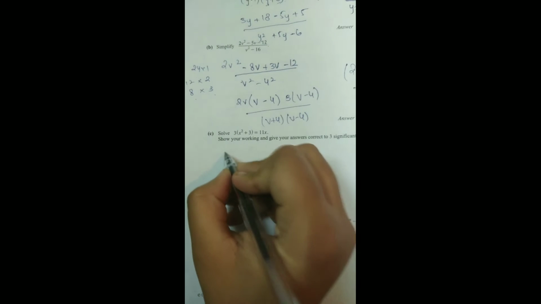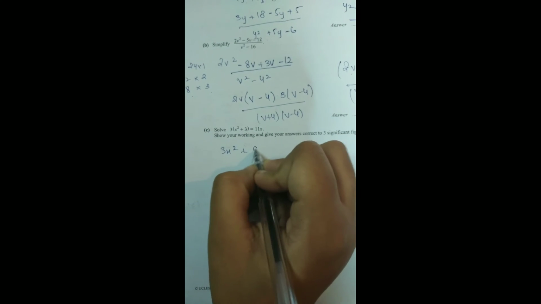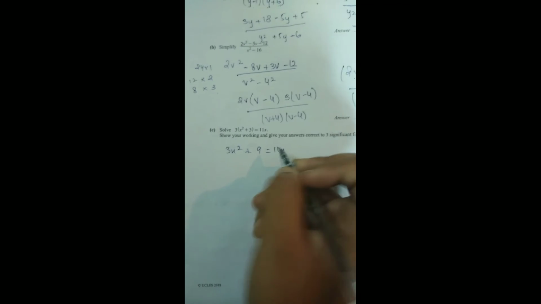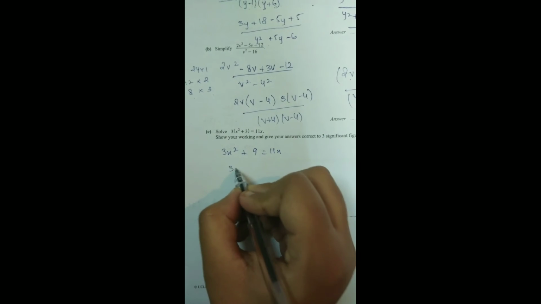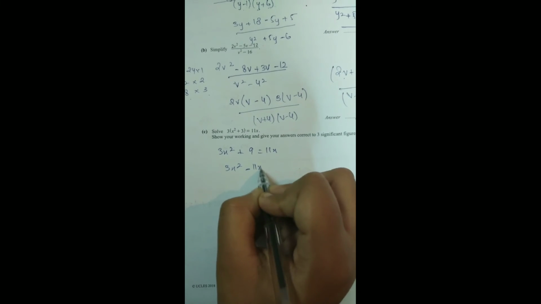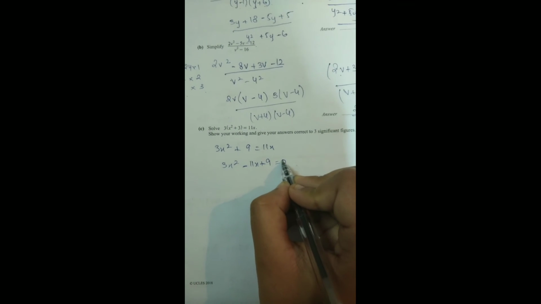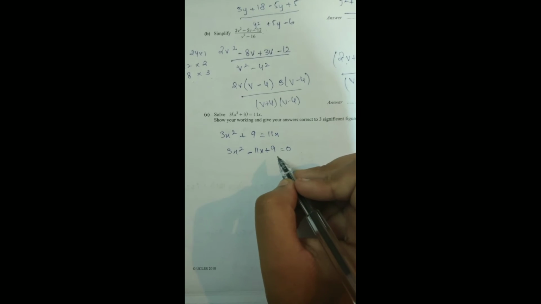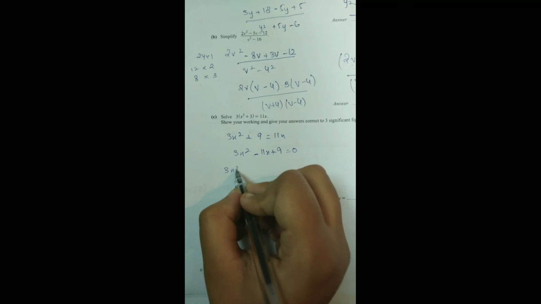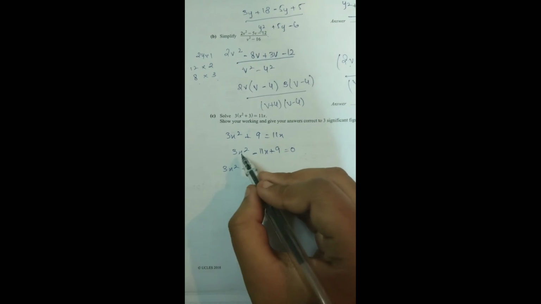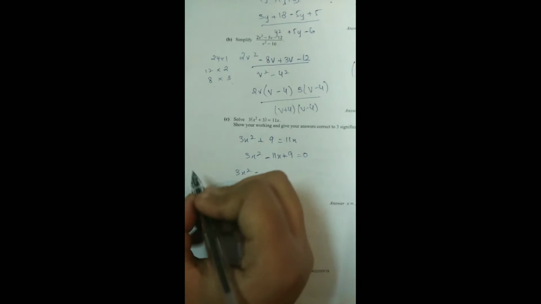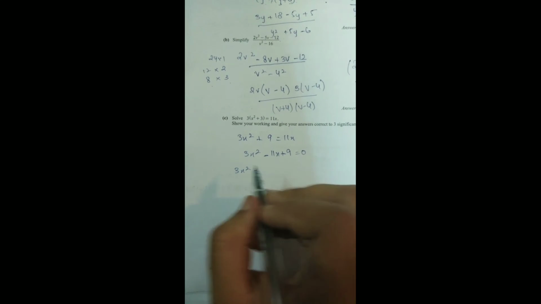That would be 3x square plus 9 is equal to 11x, and it would be 3x square minus 11x plus 9 is equal to 0. Now we will make the factors. That would be 3x square minus, now we have to bring 11. It would be 9 into 3, that is 27.